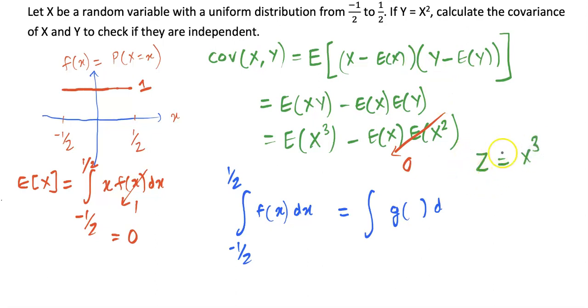Now we want to find the distribution of z, and let's say the distribution of z is g of z. Let me write that down as well. The probability density of z taking the value small z, we are going to call g of z, and that's what we want to find so that we can calculate the expected value of z.